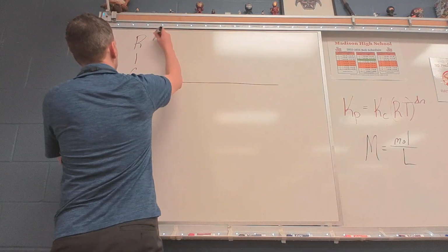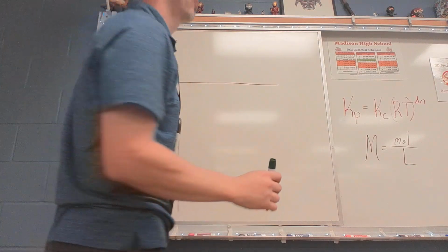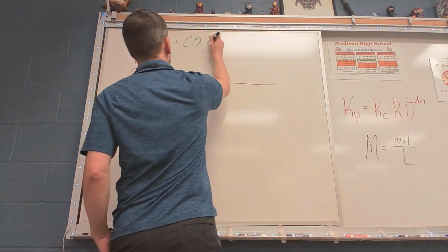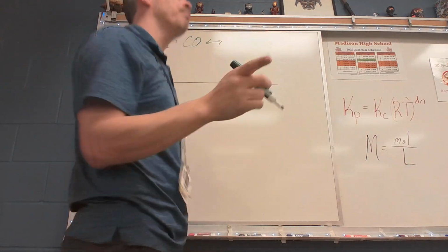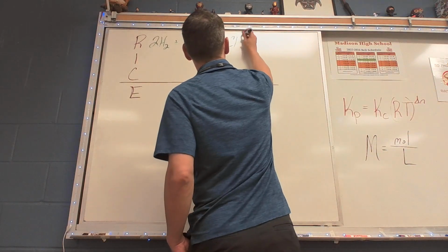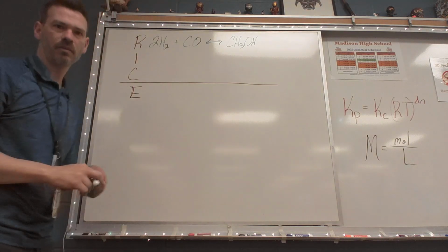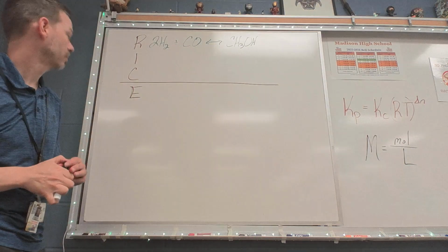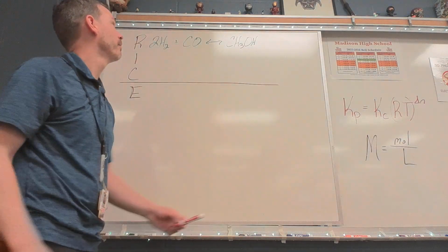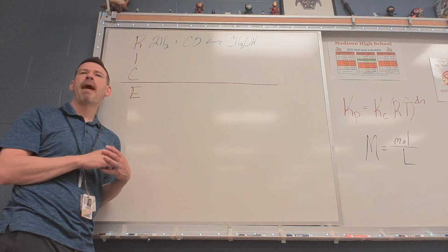Let's write it. 2H2 is reacting with carbon monoxide at equilibrium with, watch your arrow there, CH3OH. All right. Hey, look at the states of matter.